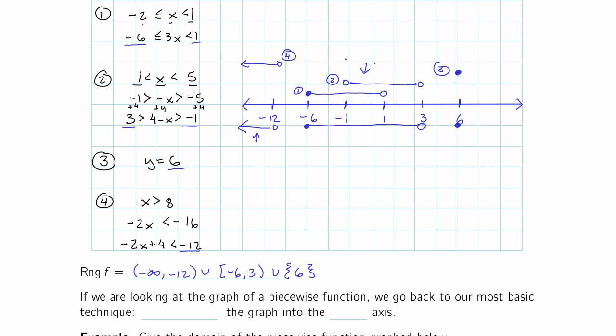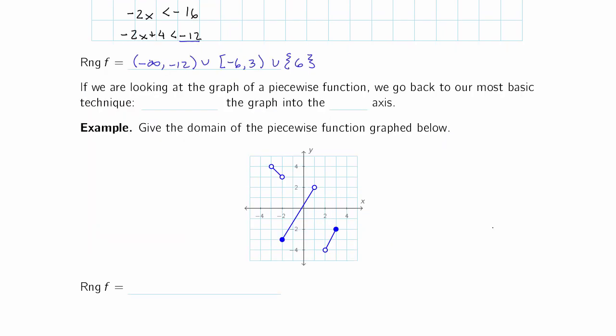When we're looking at the graph, we'll play a very similar game. When we wanted to find the domain from a graph, we flattened everything into the x-axis. When we want to find the range from a graph, we flatten everything into the y-axis. So looking at this function, well, this piece flattens into the y-axis like this. It gets us the points from 3 up to 4.